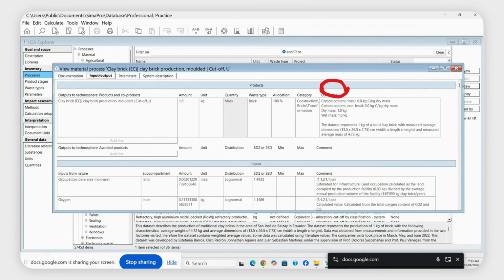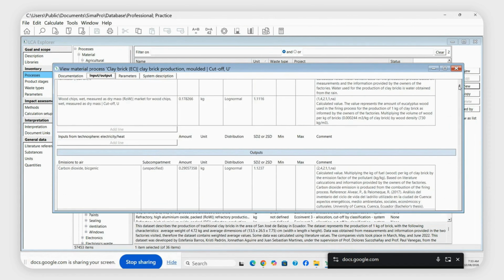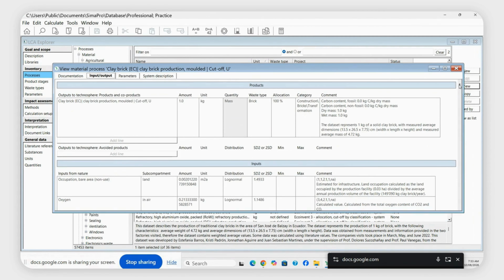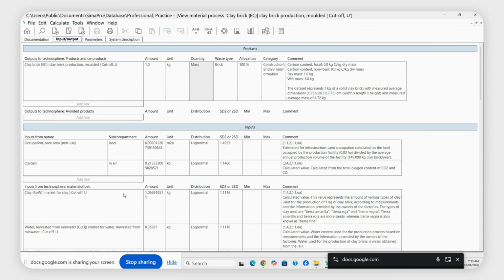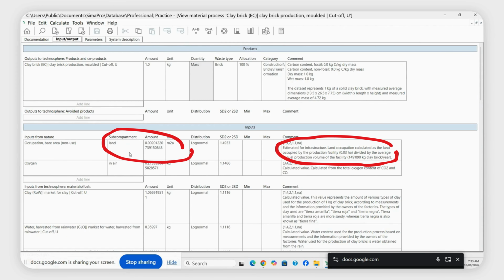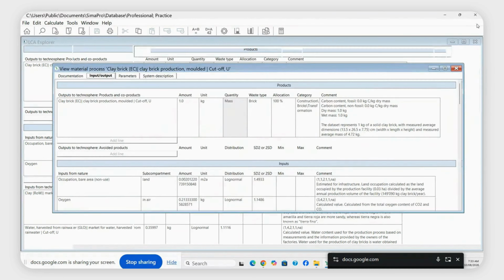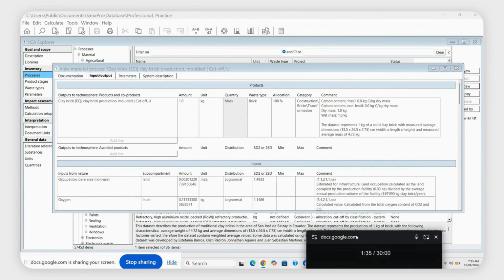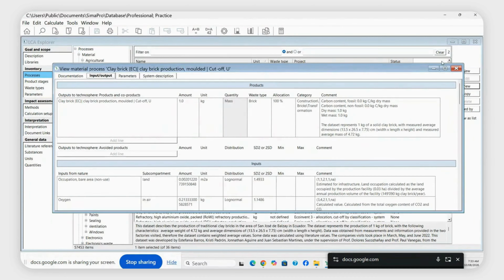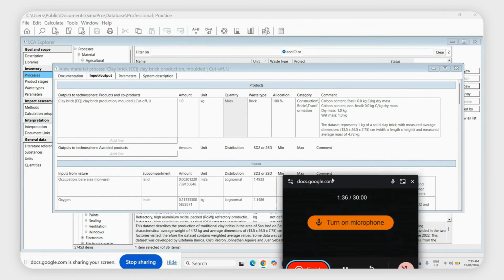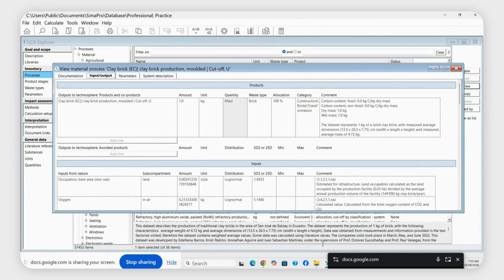So SimaPro first estimates the total land occupation and its associated environmental impact over the infrastructure's lifetime. Then this impact is allocated across the total amount of bricks produced during that lifetime. Finally, the result is expressed per kilogram of brick production. In simple terms, total infrastructure impact over its lifetime divided by total production over its lifetime equals infrastructure impact per kilogram of brick.